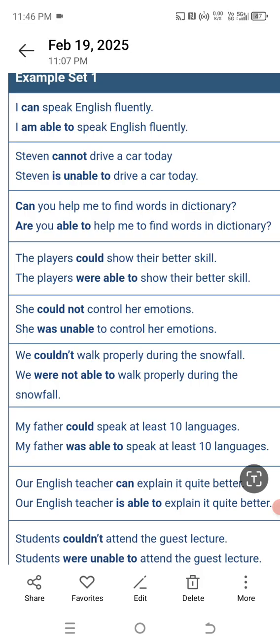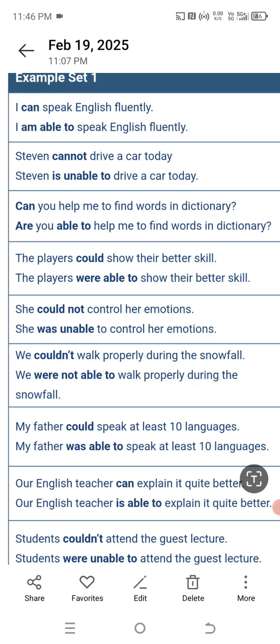So she could not control her emotions. Here the answer of this sentence is she was unable to control her emotions. Next one, we couldn't walk properly during the snowfall. We were not able to walk properly during the snowfall is the correct answer.